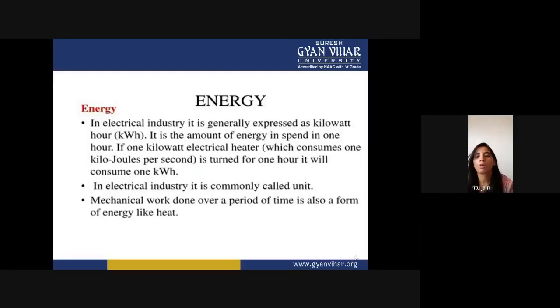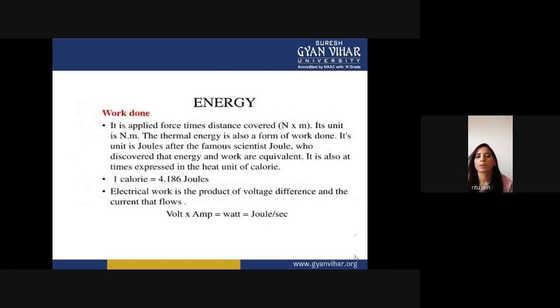of time is also a form of energy like heat. So these are the forms of energy. This is the unit of energy which is generally used in electrical systems, which is your kilowatt hour, watt hour, whatever. Next is work done. It is applied force times distance covered.